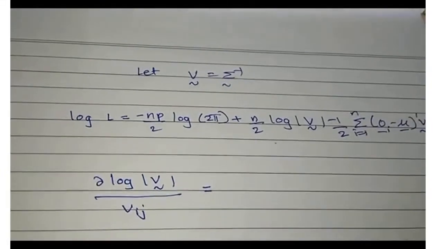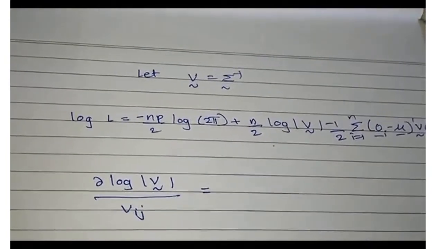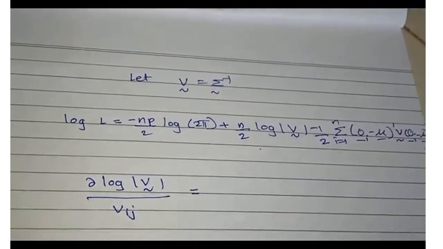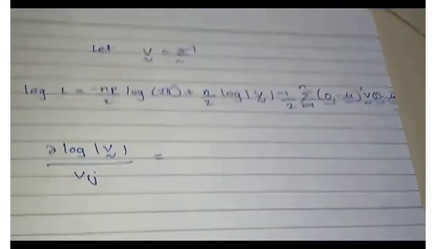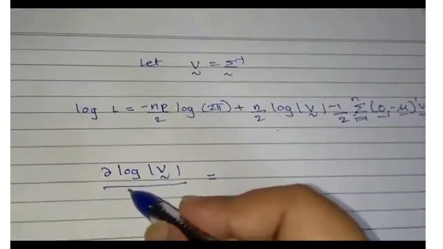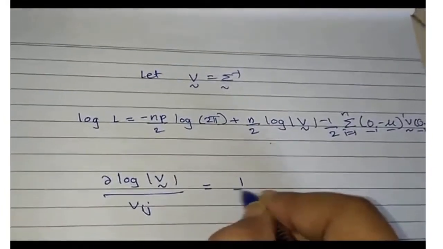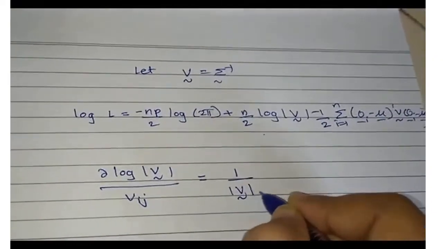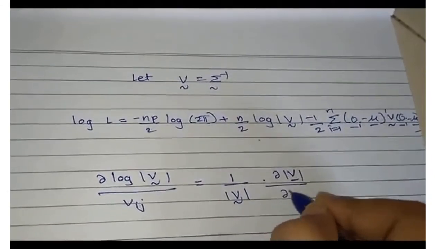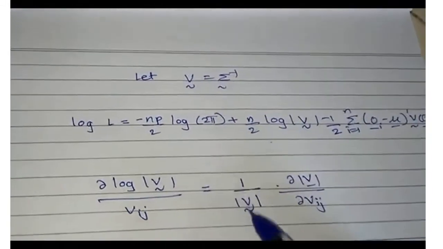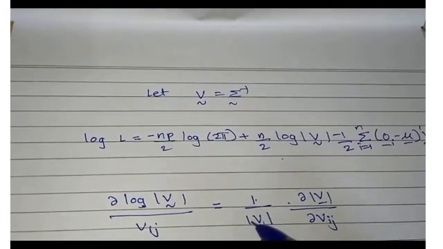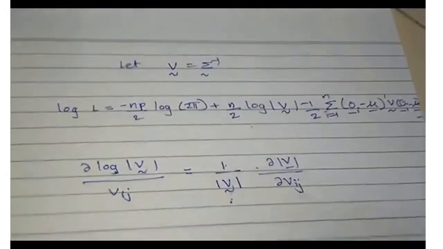We know that the determinant of any matrix can actually be written in terms of the ith row or jth column. First of all, the derivative of log of something is going to be 1 upon that thing times the derivative of that thing, by the chain rule. So because I am differentiating log, I would have 1 by that and then the derivative of that with respect to Vij.